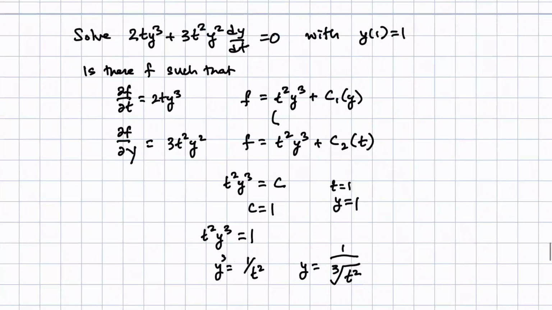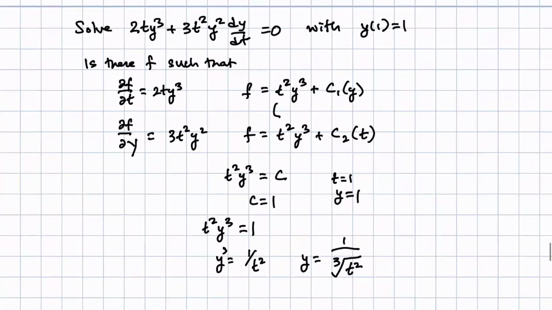If you stare at this long enough, you'll probably recognize that you can even do this as a separable equation, but it turns out to be exact as well. All right, that's the end of this video. We will do more difficult exact equations in some supplementary discussions.